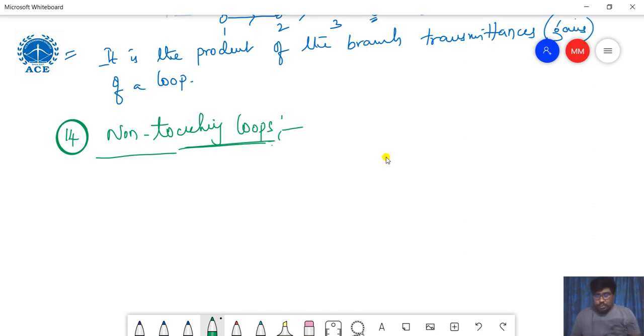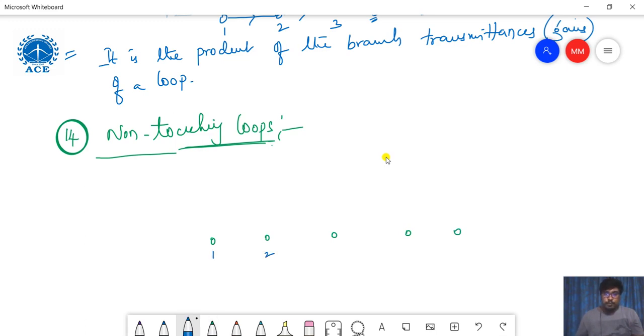Non-touching loops is nothing but, within the same signal flow graph, we have two loops, but they don't have a common node. That is called non-touching. They are not touching each other, simply. So for example, this is nodes 1, 2, 3, 4, 5, a simple example I will show.